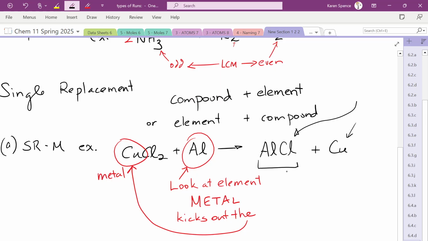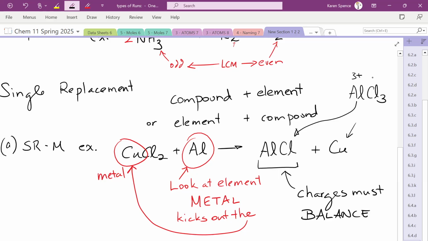You need to make sure the charges balance. So you can't have AlCl, you need to have Al, which is 3 plus, and you would have Cl3 because Cl is -1, and you need to have 3 of them. So it needs to be AlCl3.